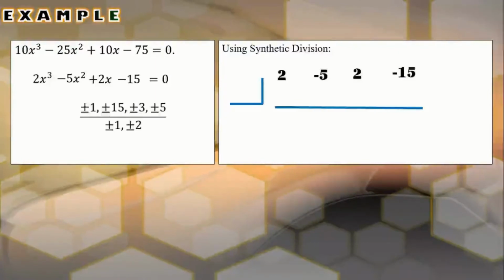So, dun sa taas yung mga factors ng 15. So, ito yung mga positive negative 1, positive negative 15, and then positive negative 3, and positive negative 5. And then yung sa baba, yun yung factor ng first term natin, yung factor ng 2, okay? So, that will become positive negative 1 and positive negative 2.